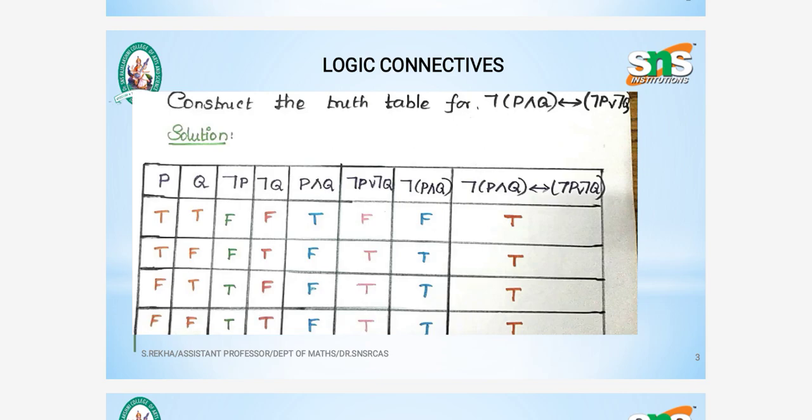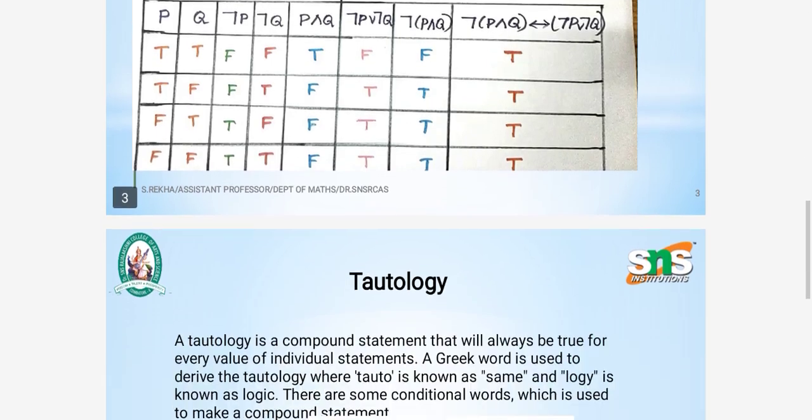After finding both statements, we apply the implication for the two statements. Implication here means biconditional. Biconditional means the two statements are identical: if both are true, or both are false, we say it is true. So false false gives true, and true true is also true.